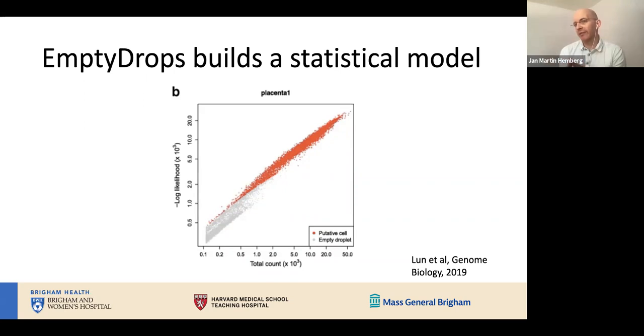And if they look very different, then they can rescue the cell and not throw it away. So that allows them to keep some of these cells that have lower counts, whereas the threshold method would just draw a line here and throw away everything to the left. So that is hopefully a little bit better.